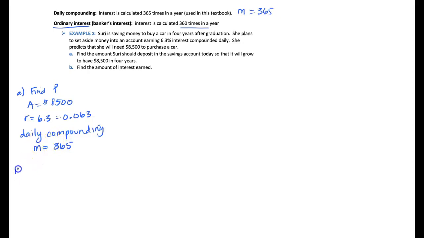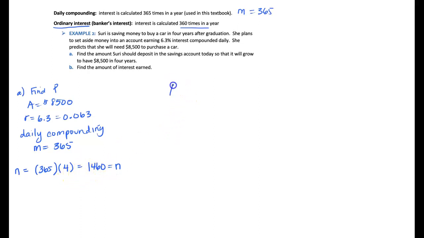Then to find our N, the number of times we're going to calculate interest over the entire 4 years, we would take 365 times to calculate interest in 1 year times 4 years, and we get a total of 1,460 times that interest would be calculated.